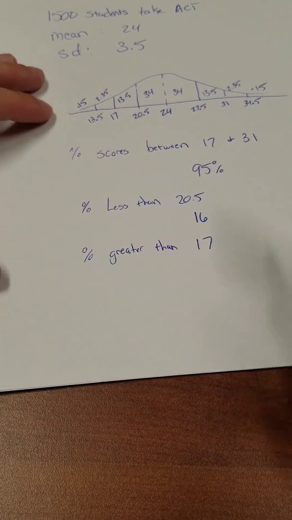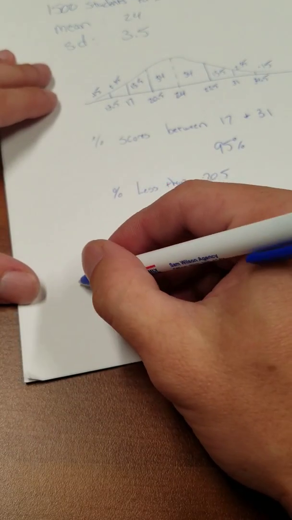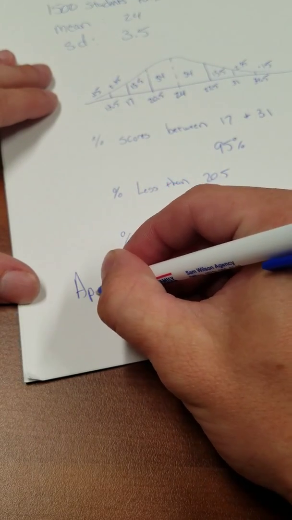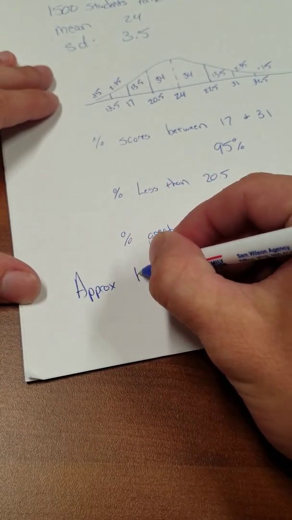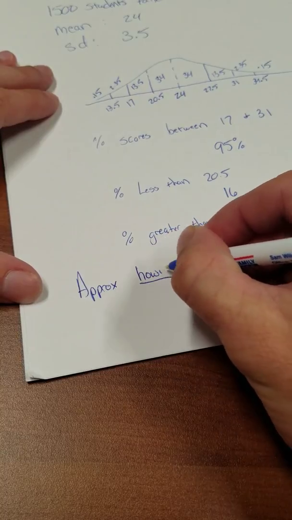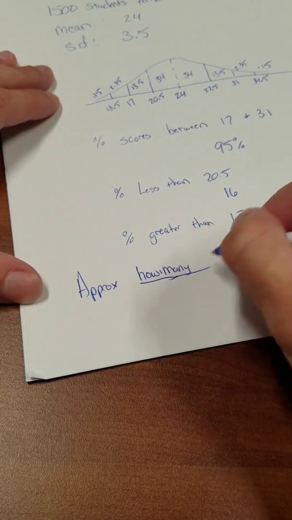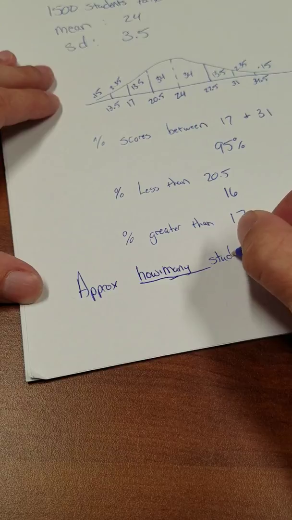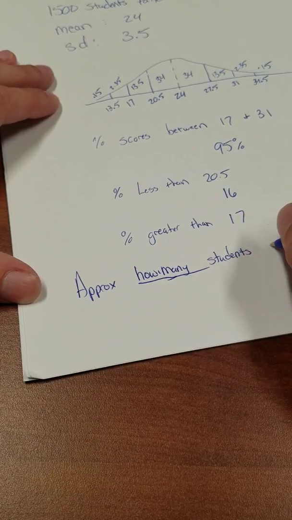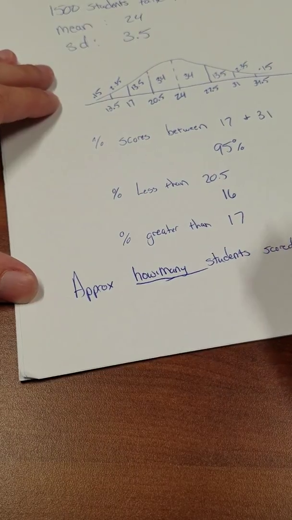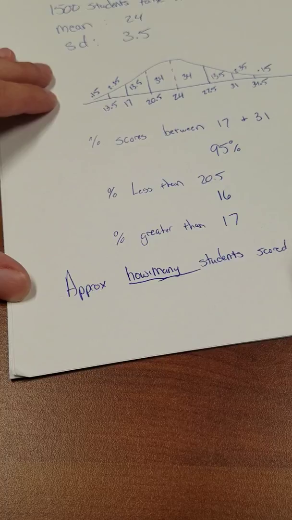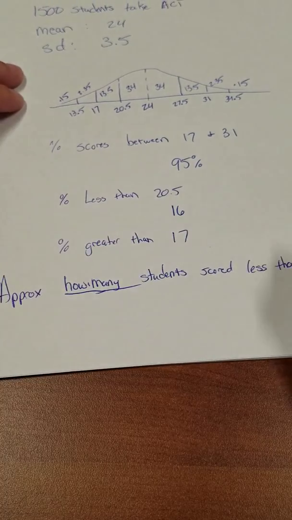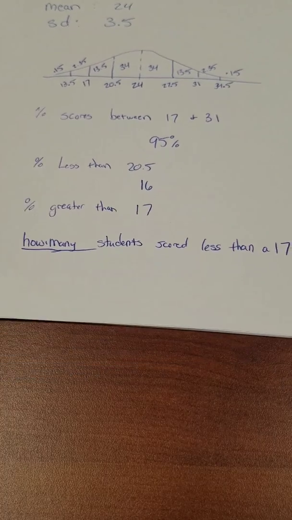The only place that you might get confused is if they ask for approximately how many. This is the key word: how many students scored less than a 17.